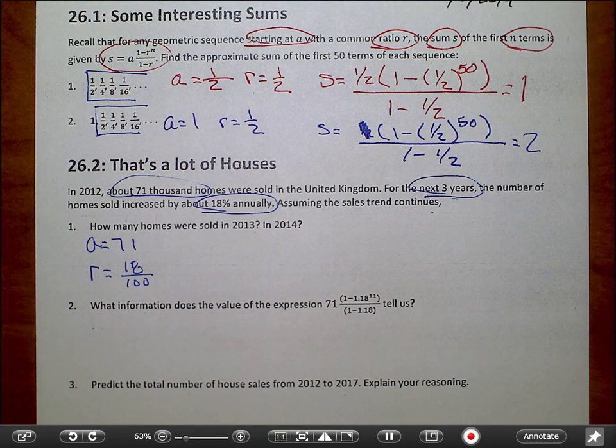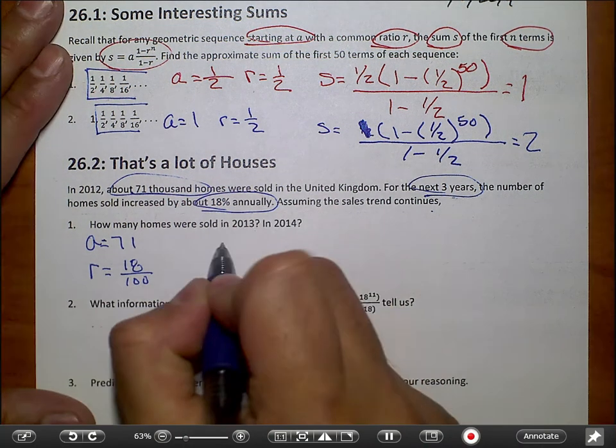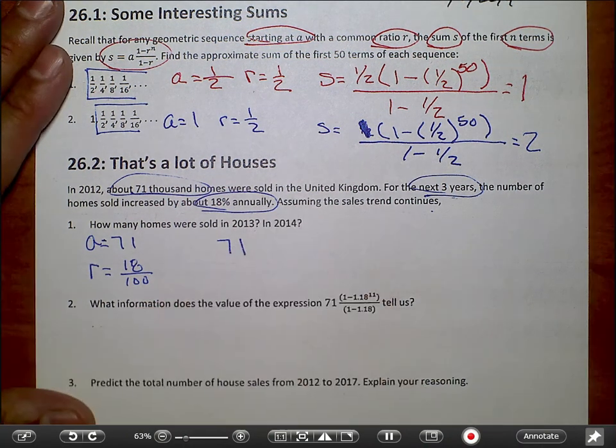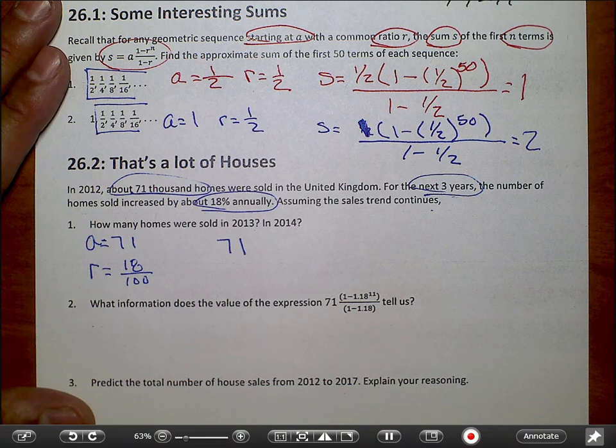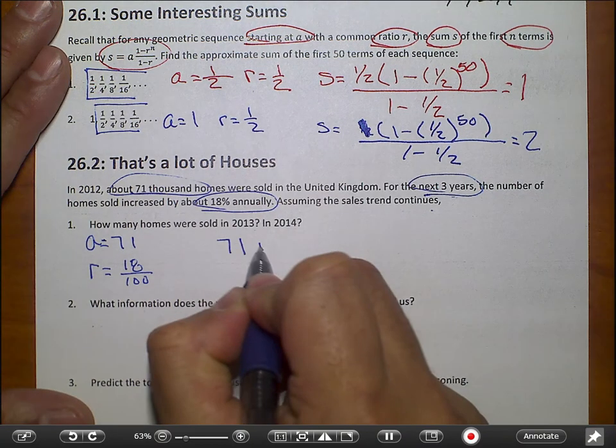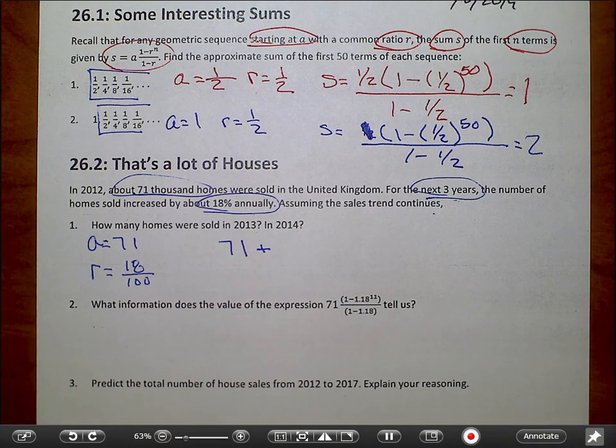Okay, so now we're going to do this like we did yesterday. We started this yesterday. So my first one is going to be 71, and then plus. We're not using the formula yet on this one.